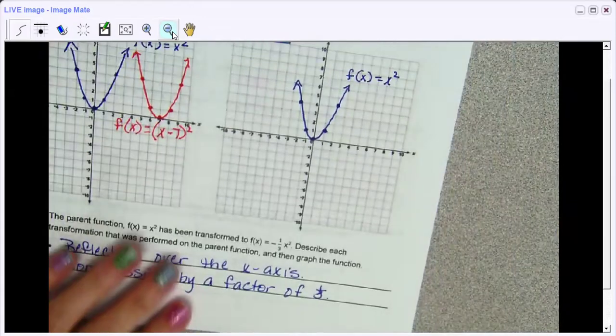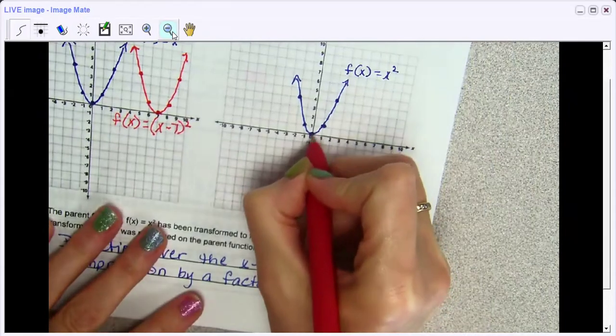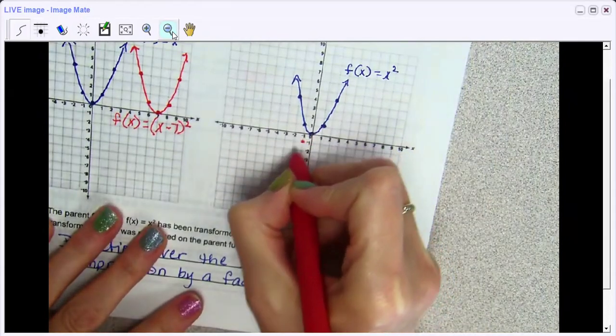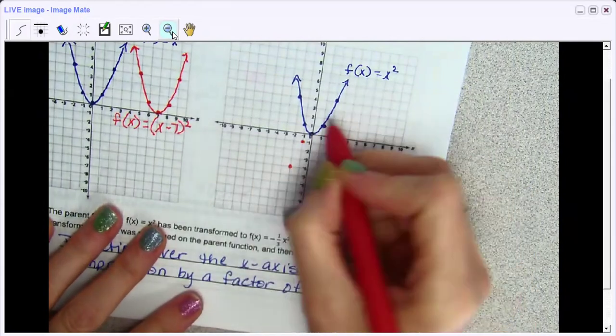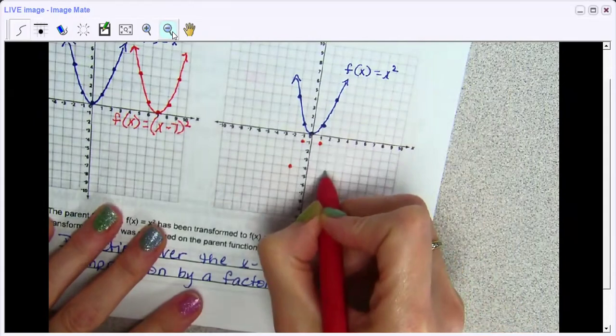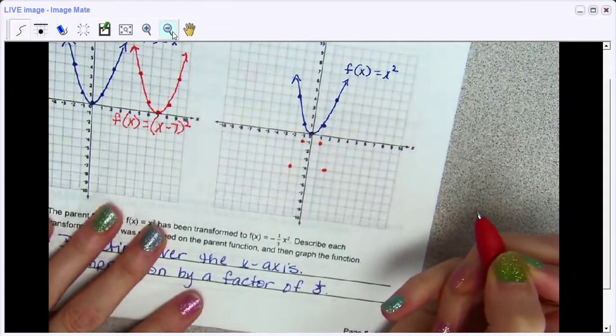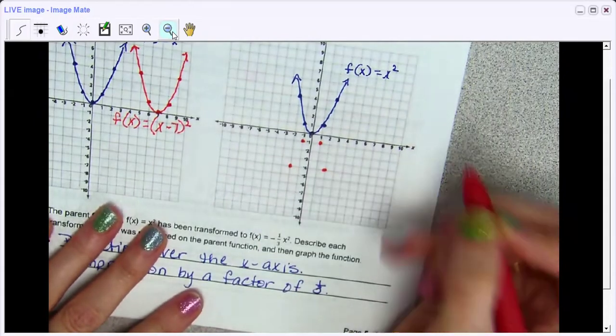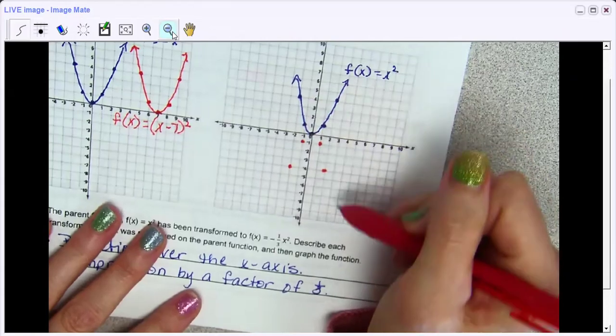Okay. So my next one is going to be my reflection. So I'll have it at 0, 0, -1, 1, -2, 4, -4, and then 1, -1, and 2, -4. Does that make sense when you're reflecting? Or you could just do equidistance from the x-axis too.